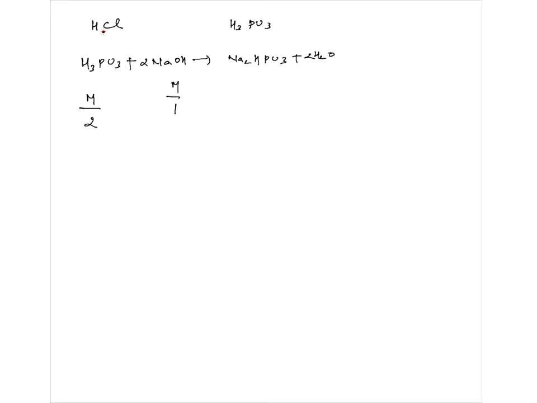The formula may give a wrong impression that its basicity should be 3. If you look at this reaction, H3PO3 reacting with the base, you realize that only 2 hydrogens are replaced by sodium atoms. Only 2 hydrogens, not all 3.